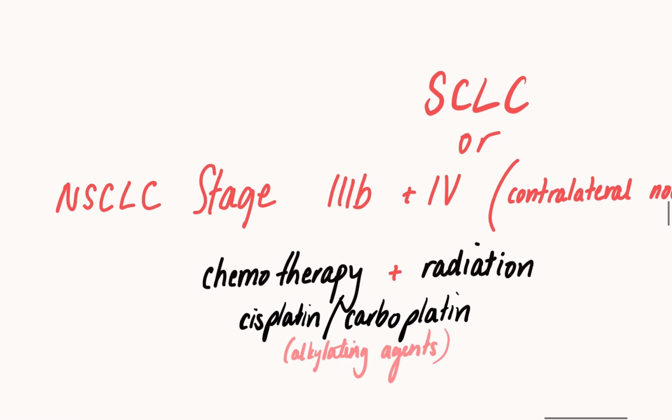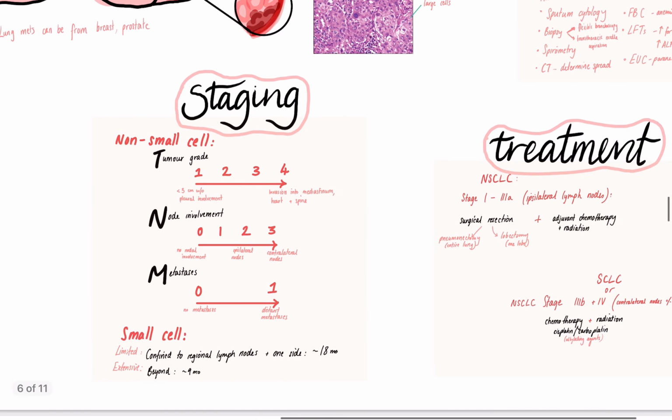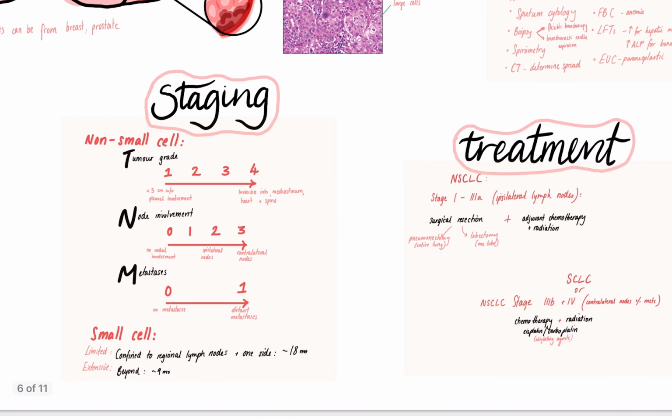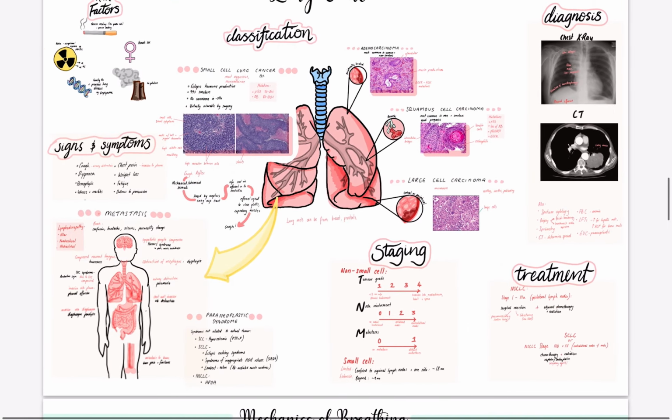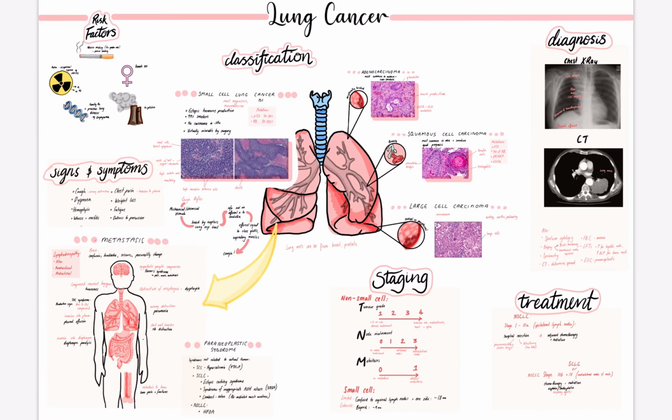So what you would do is give them chemotherapy and radiation in the form of cisplatin and carboplatin, which are alkylating agents that bind to DNA and basically stop DNA replicating. But from what I hear, they have pretty bad side effects, like the nausea, the vomiting, the hair loss, etc. is pretty bad. So, yeah. Anyway, that made me kind of sad.